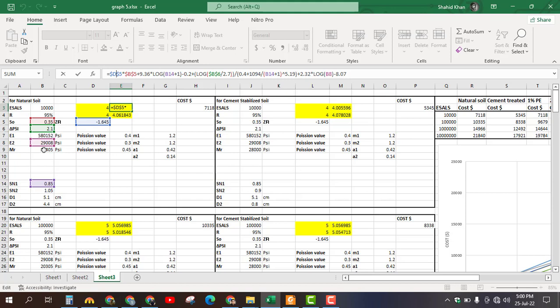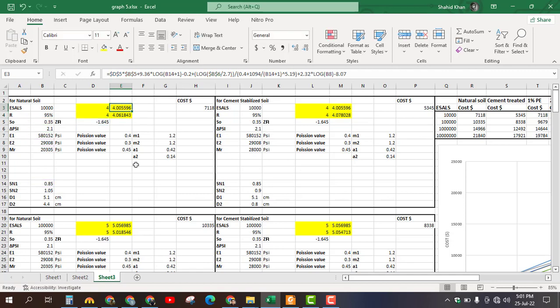So by putting the SN value and the modulus of stiffness value here, minus 0.87, we got 4.0055.